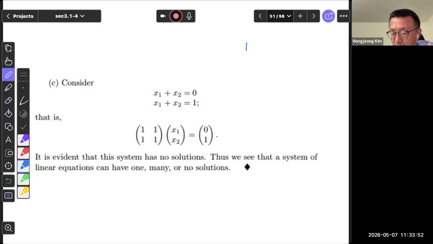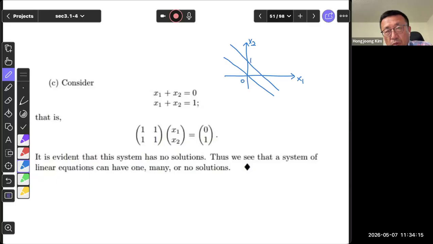Sometimes a solution may not exist. If you see the graph of those two, there is no intersection, so there cannot be any solution.